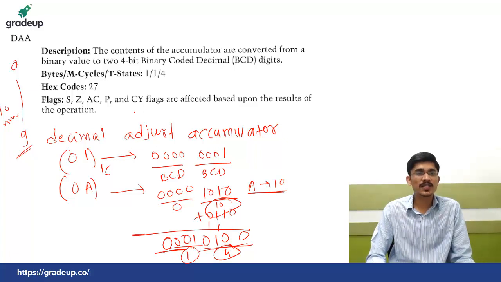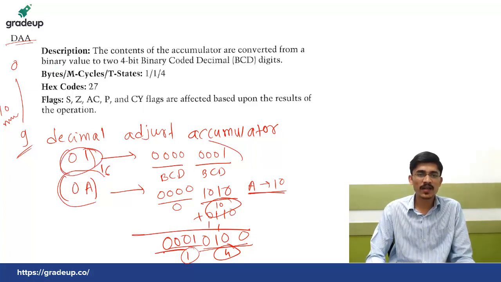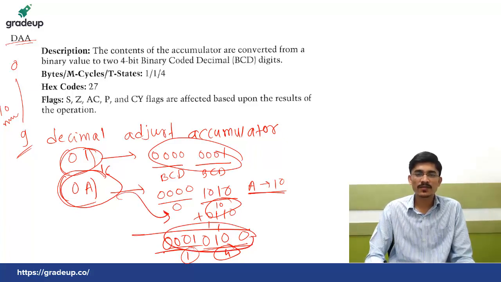This operation is done by the DA operation. It will check what is stored in the accumulator. If it is a valid BCD, then it's okay. If it is not a valid BCD, it will convert it to a valid BCD. If a nibble is not valid, 6 is added. If both are not valid, 6 is added here also, and depending upon that the carry flag will be generated.